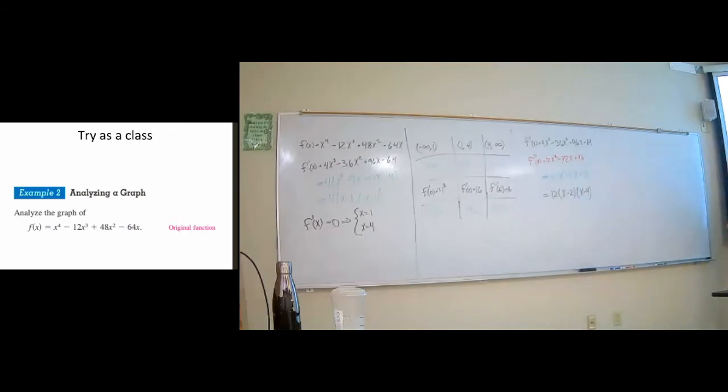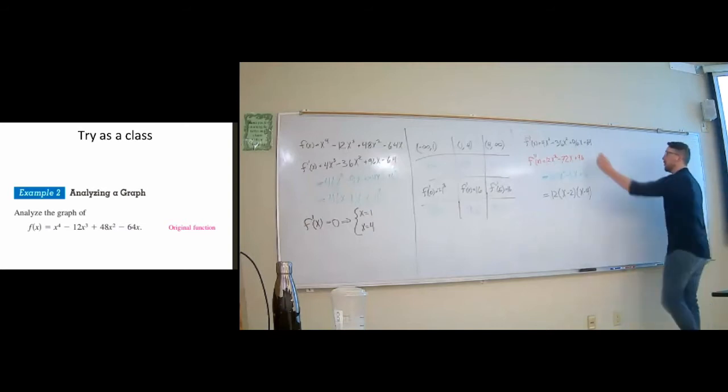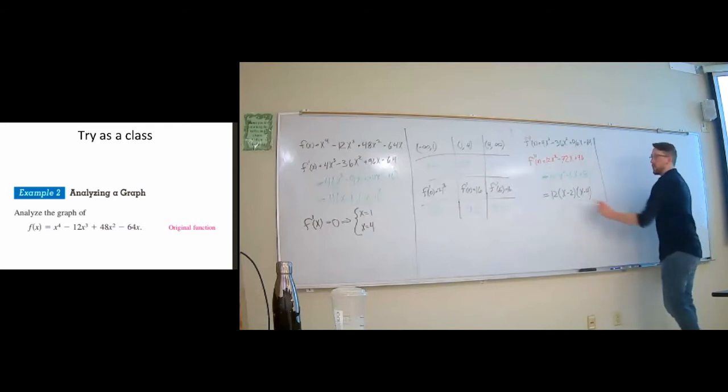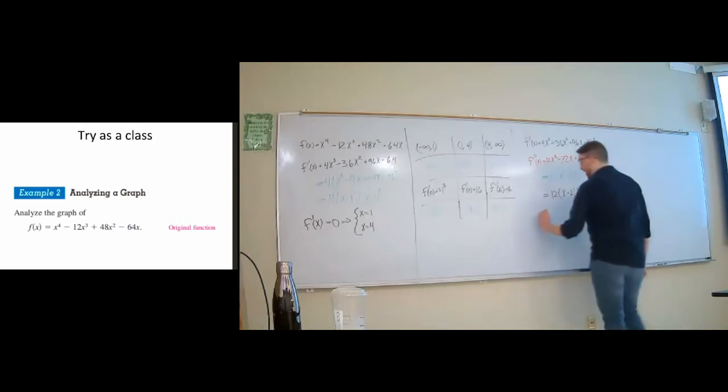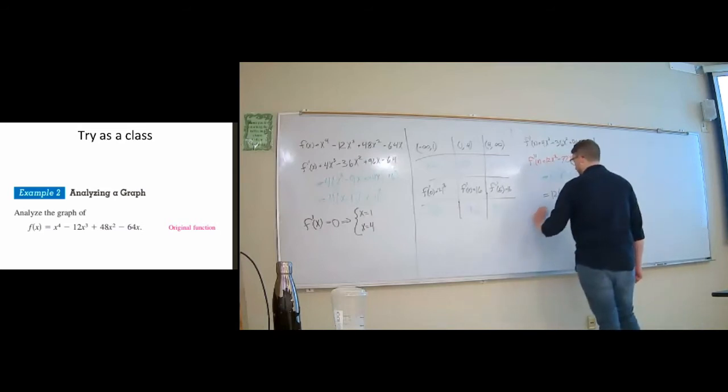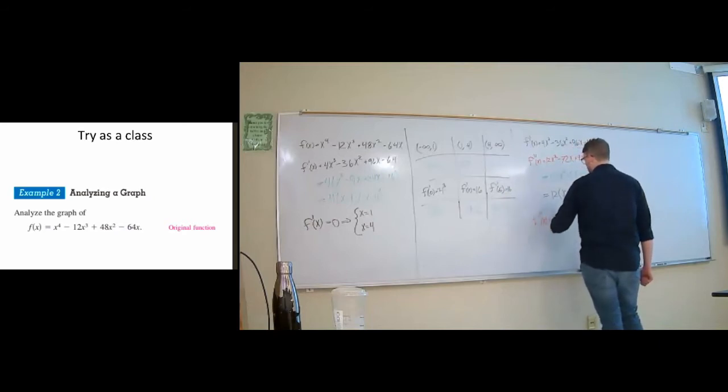Now we're going to apply the second derivative test. We're going to do that by taking this second derivative and setting it equal to 0. So f double prime of x is equal to 0. Well, when does that happen?